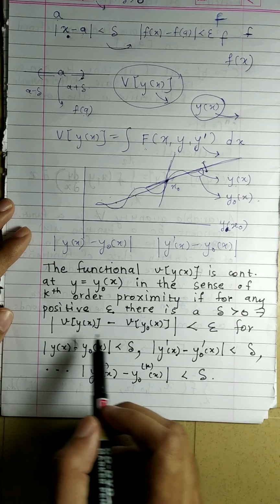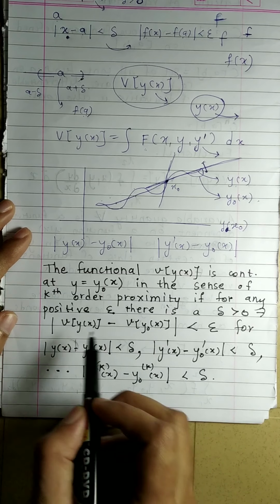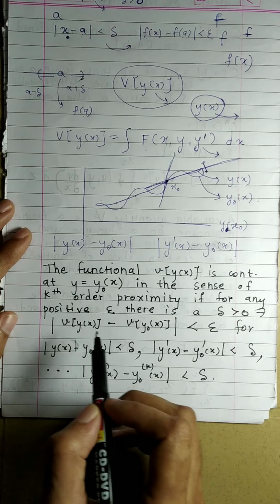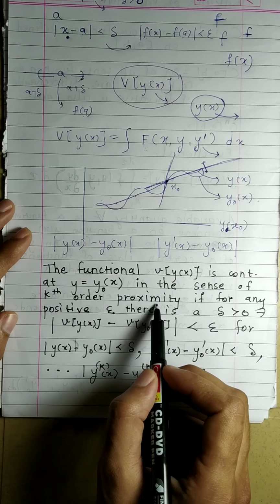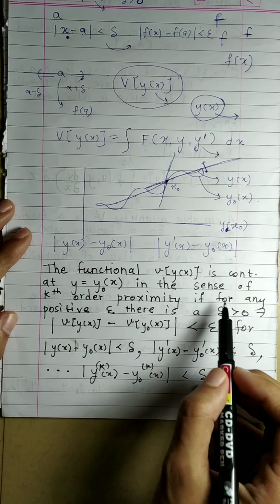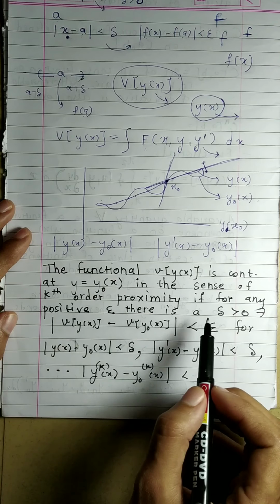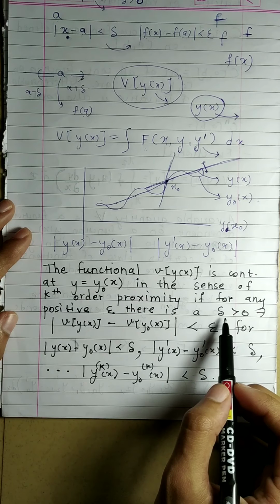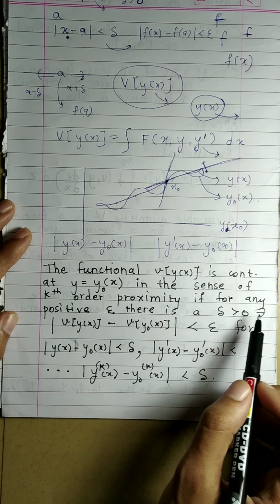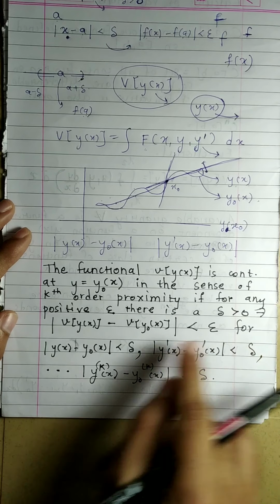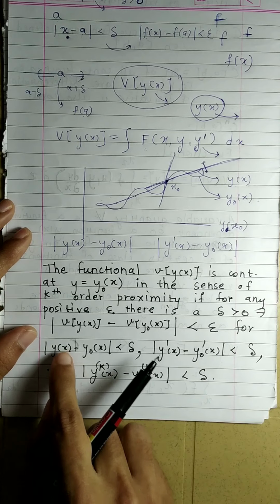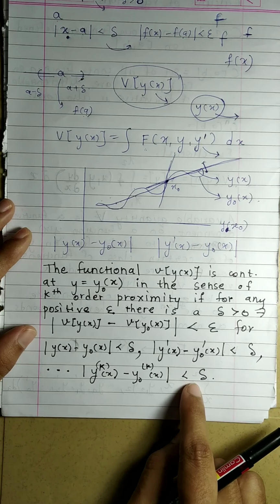Okay, so what does it say? The functional v[y(x)] will be called continuous in the kth order proximity if for any given epsilon greater than 0 there exists delta greater than 0 such that this is less than epsilon for y of x satisfying these conditions.